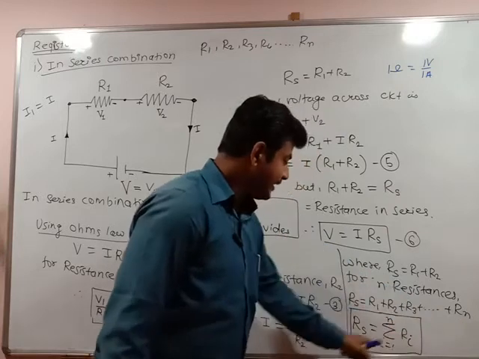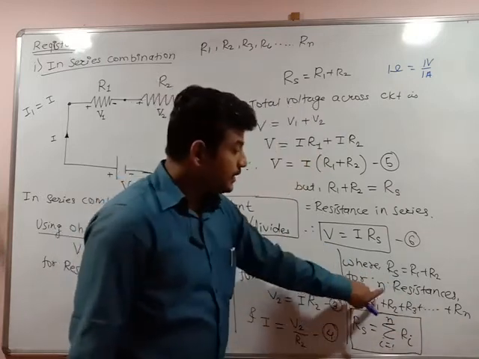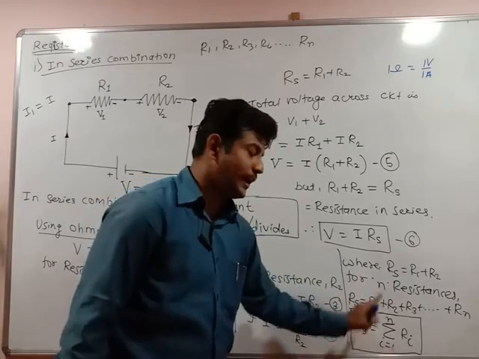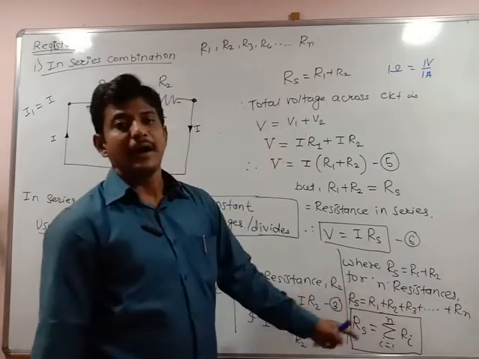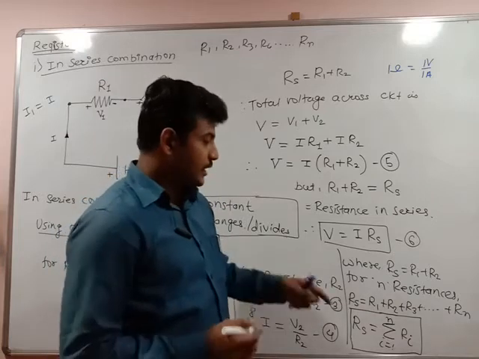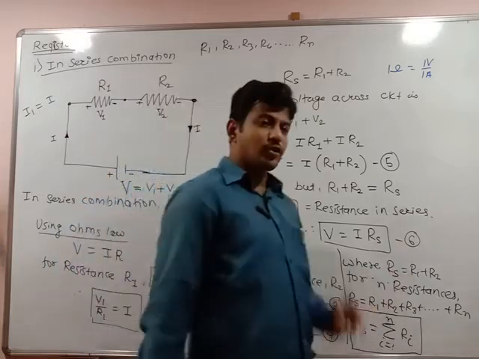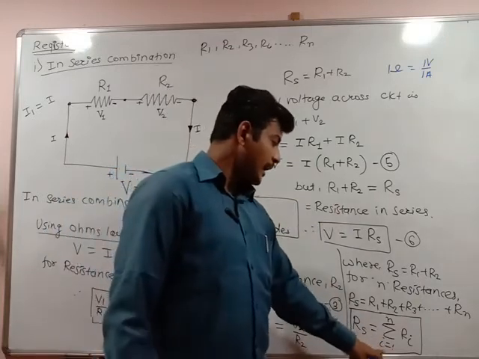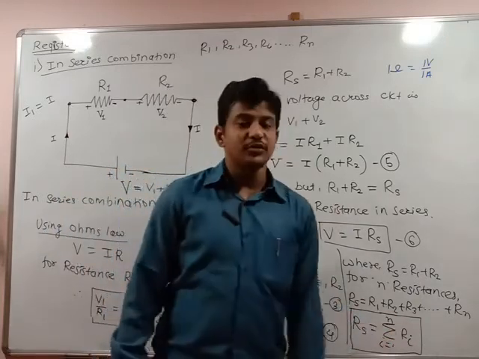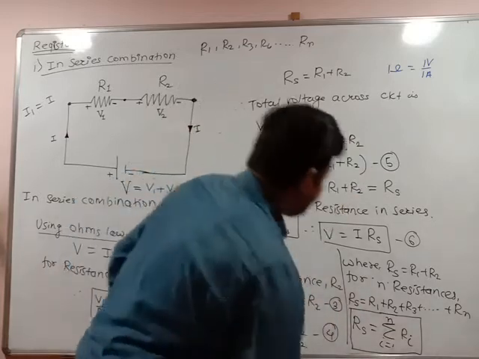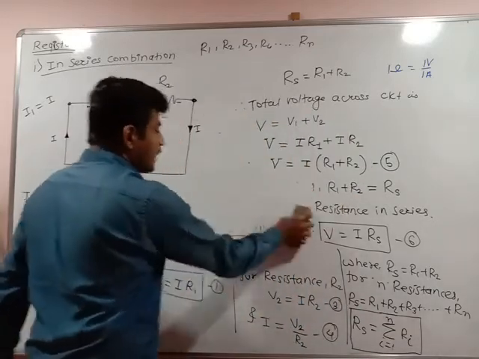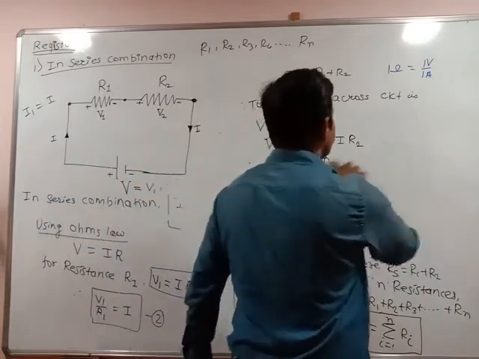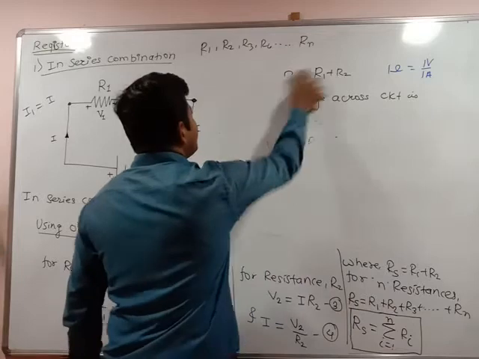So the equivalent resistance for n resistances can be written as Rs equal to the summation, i goes from 1 to n, of Ri. This is the equation for equivalent resistance in a series combination for two resistors, and the summation from 1 to n is the equivalent resistance in the series combination for n number of resistors. So this is for the series combination.